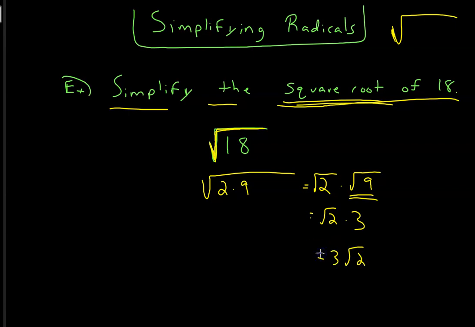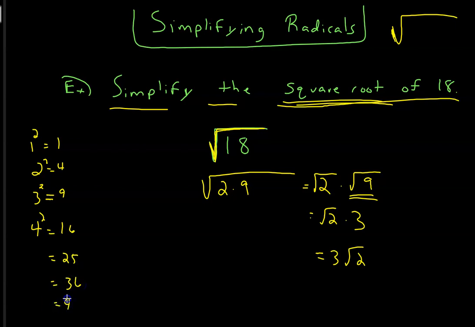And it's really nice if you know the perfect squares. Like 1 squared is 1. 2 squared is 4. 3 squared is 9. 4 squared, 16. The next perfect square is 25. The next one is 36.